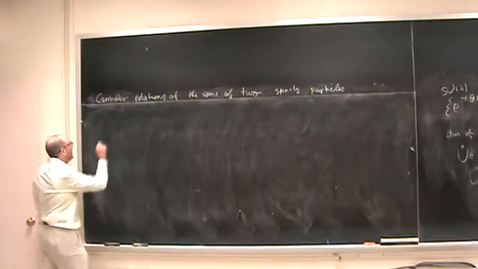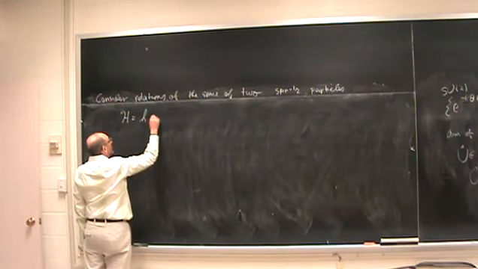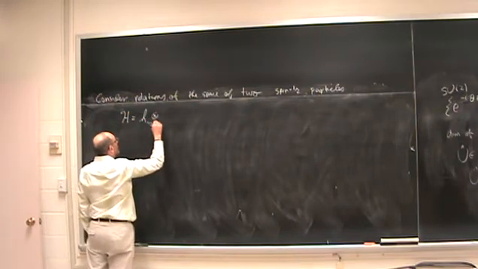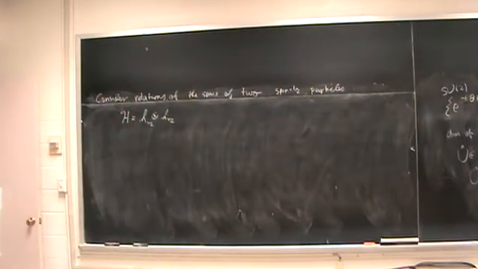All right, so my Hilbert space here is the tensor product of the Hilbert spaces, each a 2D Hilbert space, right?